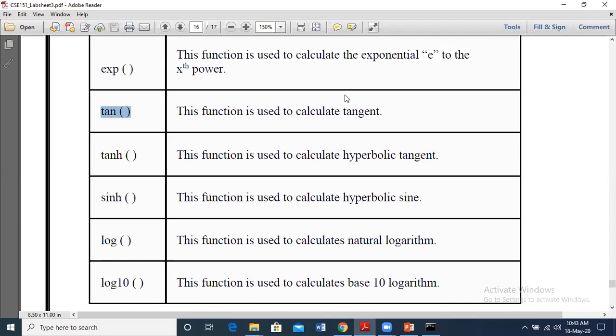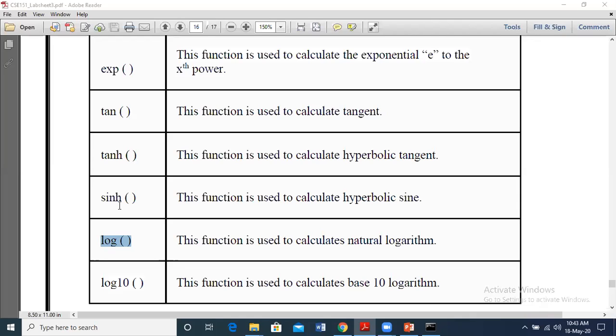And then we have the logarithmic function. Log, only log, if we mention it, is natural log. What is the meaning of natural log? Log to the base 10, ma'am? E or 10?